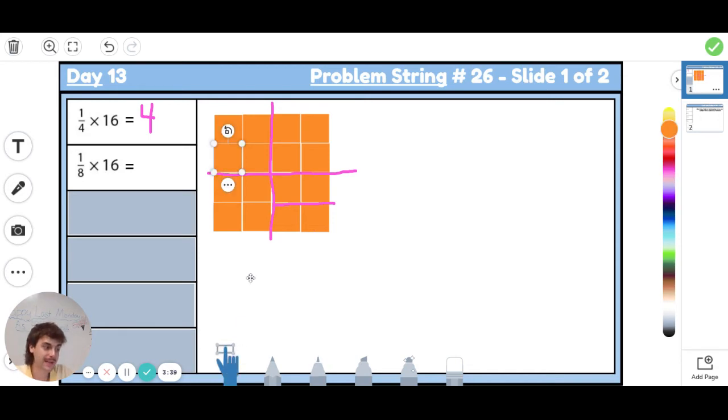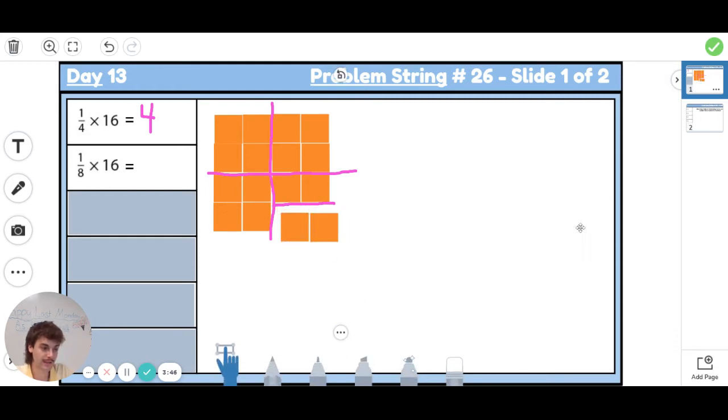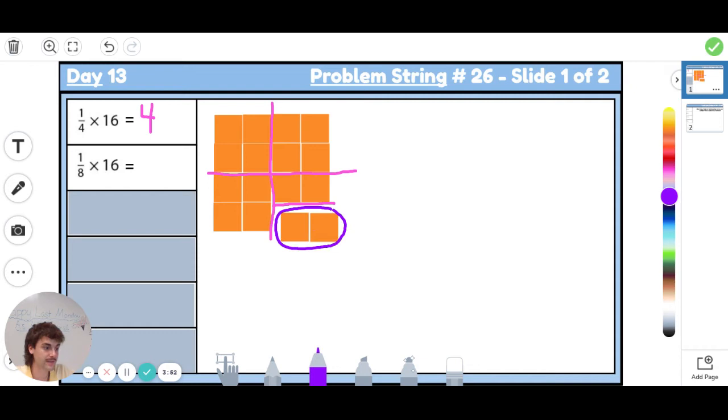So that must mean that 1/8 times 16 is going to be 2, because we are able to see that this is 1 group, this is 2, 3, 4, 5, 6, 7, 8. There are 8 pairs in this group of 16. So 1/8 times 16 looks like this.